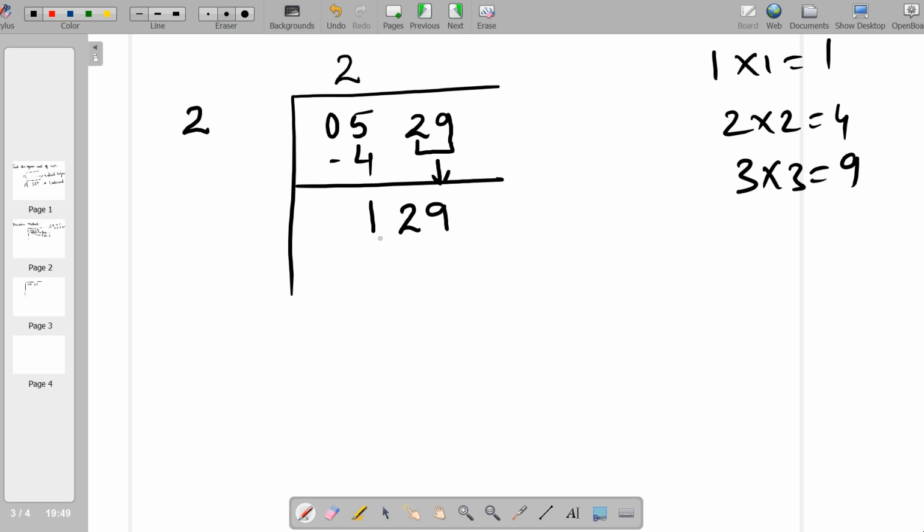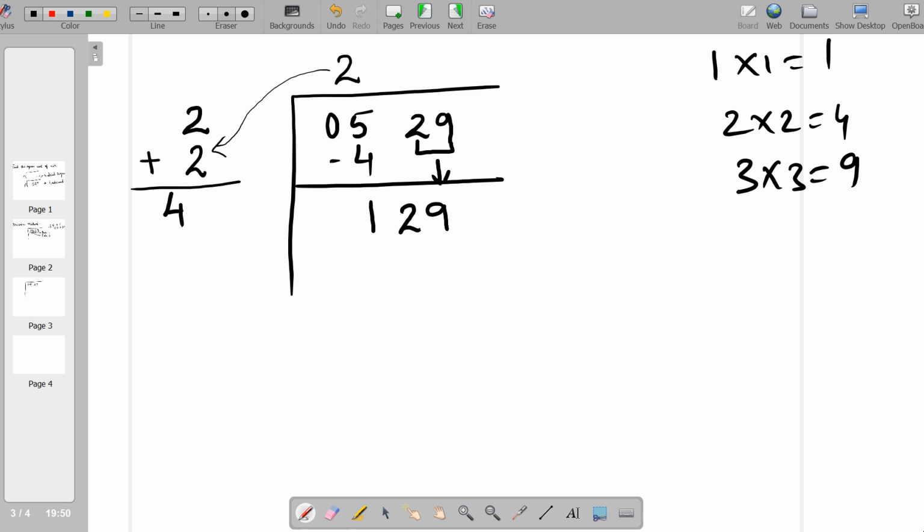So now your number looks like 129. And what will happen to this 2? This quotient value will be added to the divisor. We add it and we get 2 2s are 4.